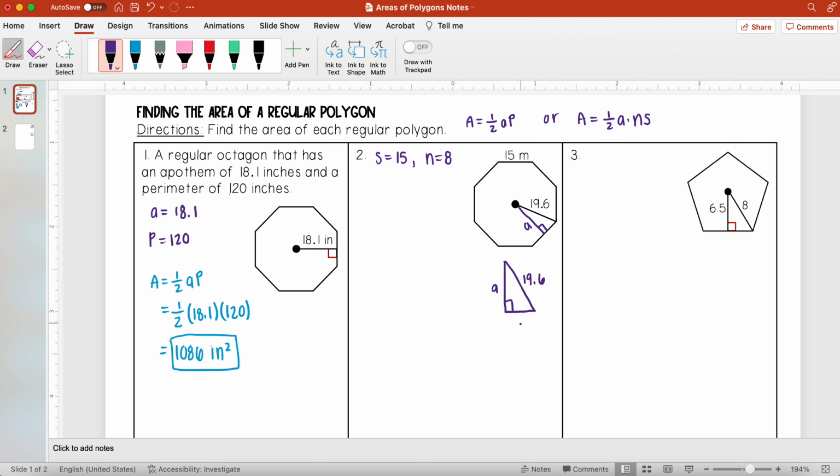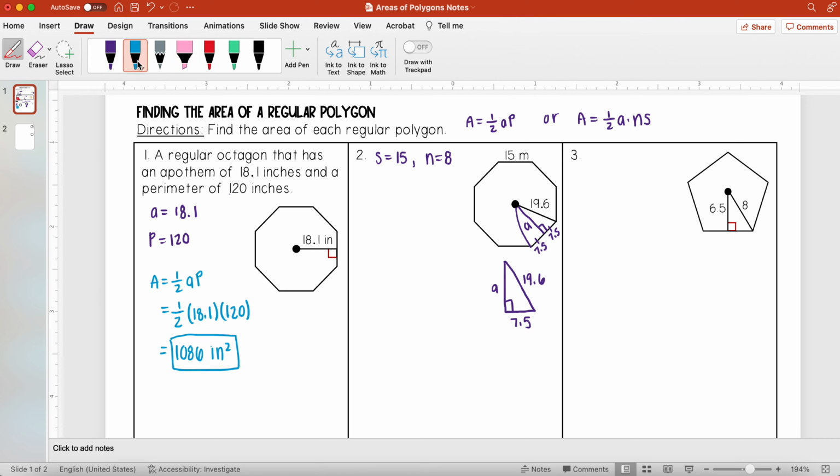I need to figure out this other side length. Well, I know that this apothem is cutting this in half. These two sides are the same. Since the whole thing is 15, each of these is going to be 7.5. That's just 15 divided by 2. So I have 7.5 on this side length here.